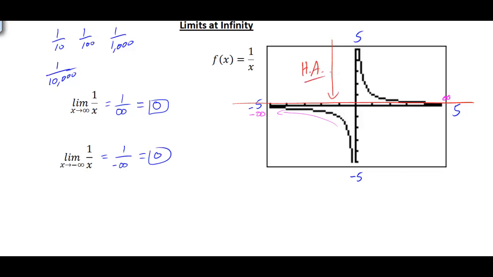So here you would have a horizontal asymptote at y equals 0 because that's what our limit was as x approaches infinity or negative infinity. That's telling us if we're going to infinity here and we're approaching 0, the horizontal asymptote would be y equals 0.